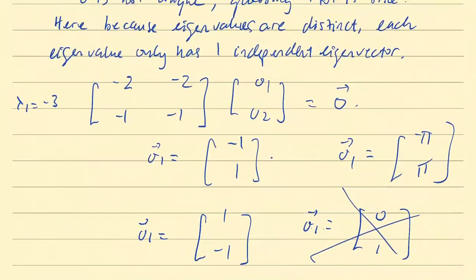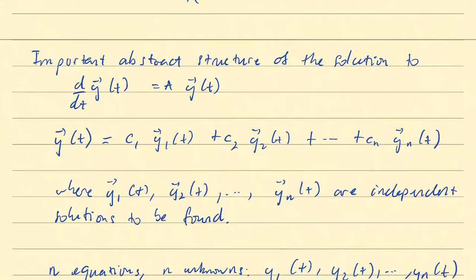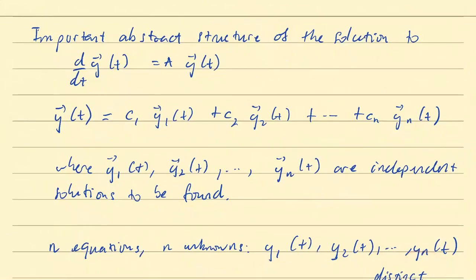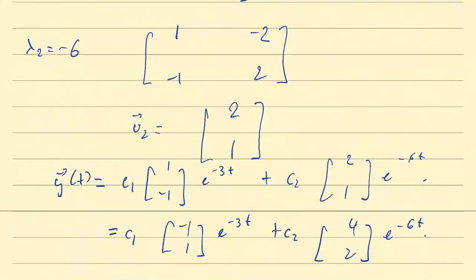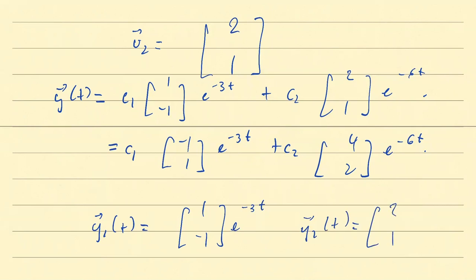So let's clarify, from up top, where I talked about the abstract structure of the solutions, and I mean the y without the vector. So let me clarify that here, okay? My y1, I think you've seen it already, is (1, -1) e to the minus 3t. My y2 would be (2, 1) e to the minus 6t.